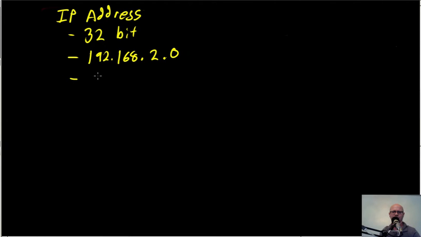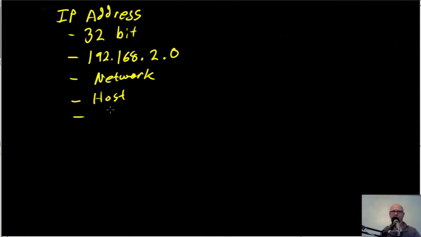You're going to have your network, which is the first part of the IP address, and then your host portion. Now, it's not always halfway down the middle or the last quarter or whatever. It kind of changes.